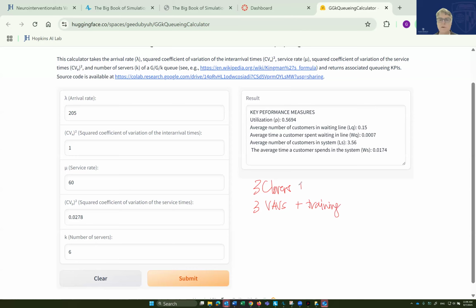So here's no training. You can't analyze this directly using the queuing model. What you could do is think about these folks here as being pooled. And this is actually another choice.